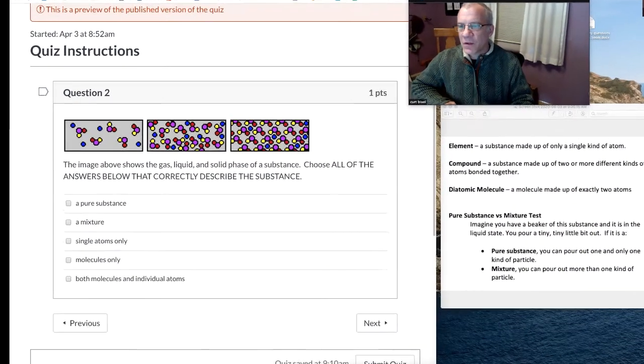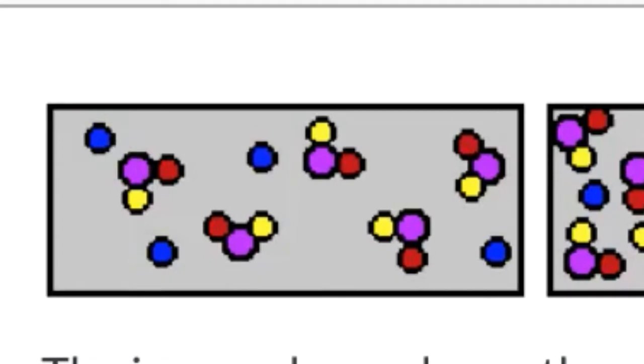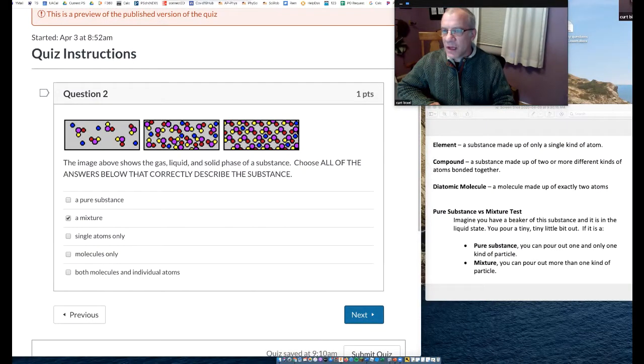So this is a mixture. Next, what do we see in here? We see single atoms in blue, and we see molecules right here with the purple, the red, and the yellow. So it's not single atoms only, it's not molecules only, it's both. That's question 2. Let's go to question 3.